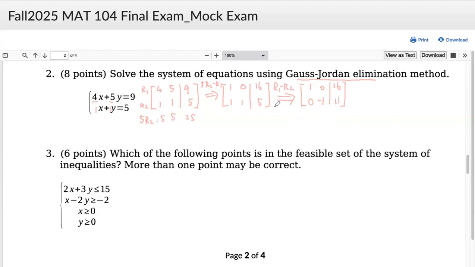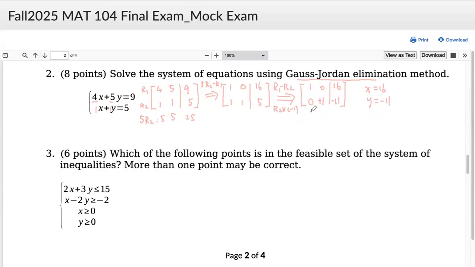Or maybe we do R2 times negative 1. If we do that, this becomes positive, this becomes negative. And that's it, that's the solution. The solution says x equals 16, y equals negative 11. So this is the Gauss Jordan elimination method.